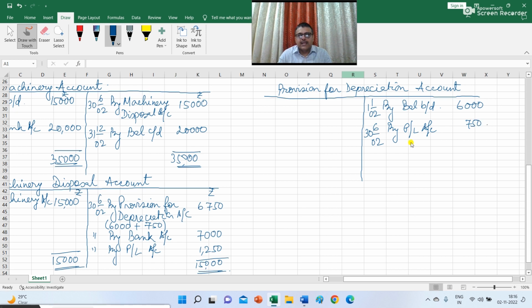So you have to write here profit and loss account debit to provision for depreciation 750. Now this total amount of 6,750 was transferred to machinery disposal account on 30th June 2002.